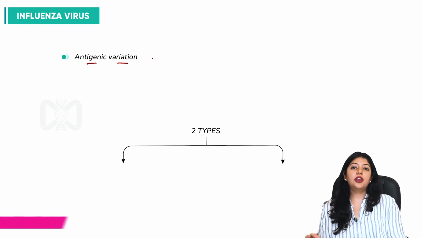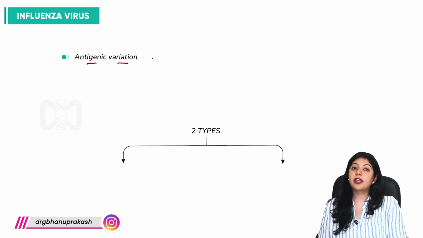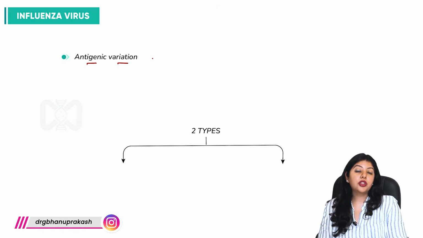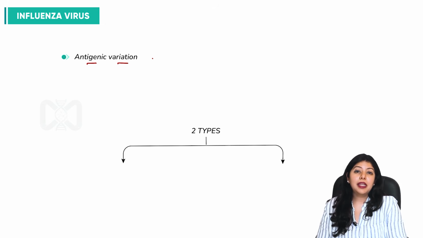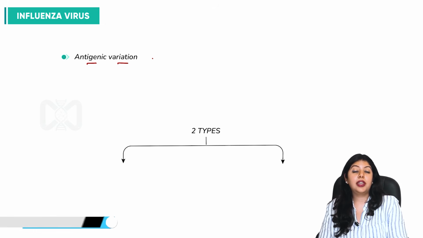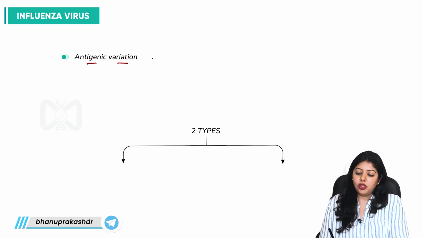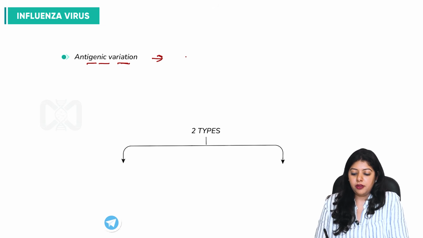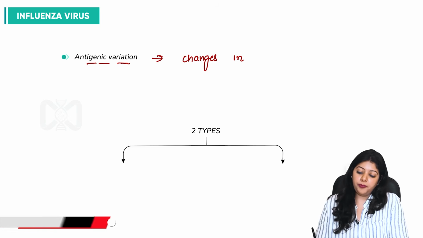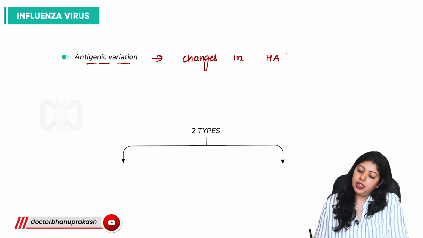Antigenic variation is a unique property exhibited by influenza virus because of certain changes or alterations in amino acid sequences or any antigenic changes which take place in the structural proteins, HA and NA peplomers.